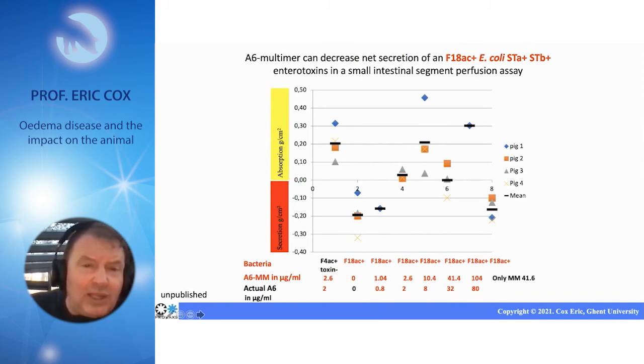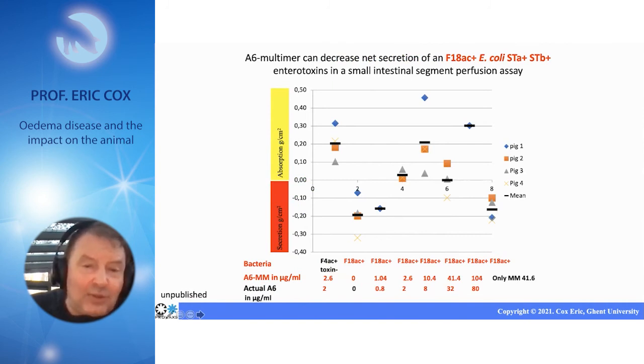So if you bring in fluid in the segment, then fluid is absorbed. If you bring in an F18 AC strain that produces enterotoxins, then the fluid is secreted. So these are the two controls. Normal situation, diarrhea.